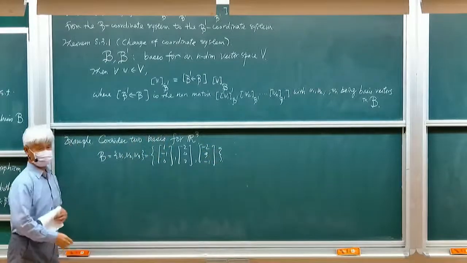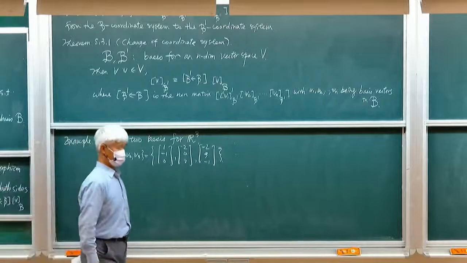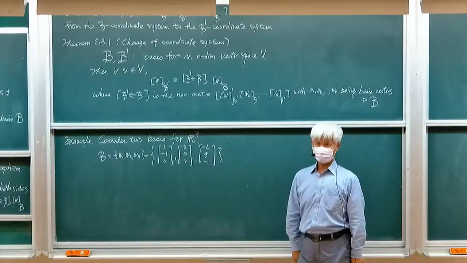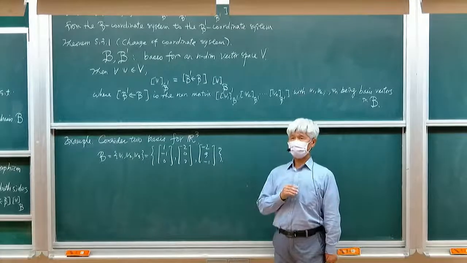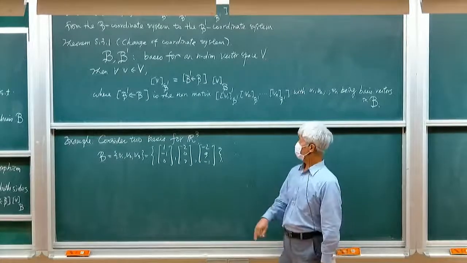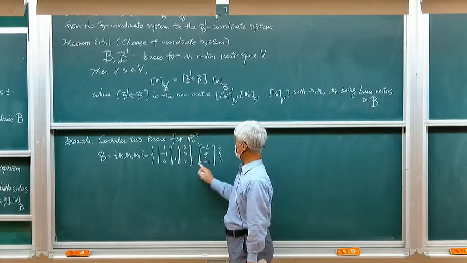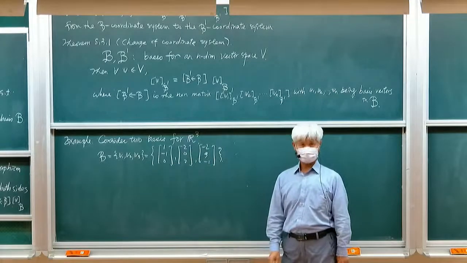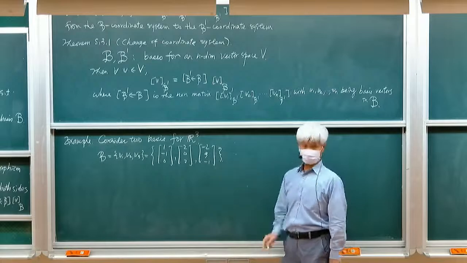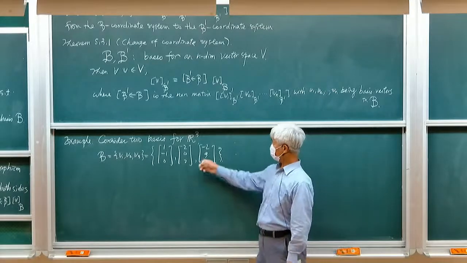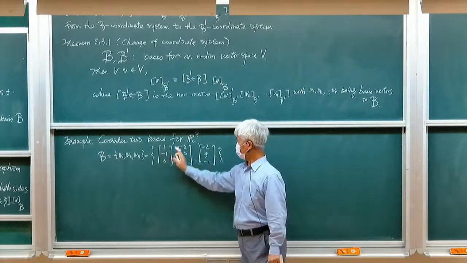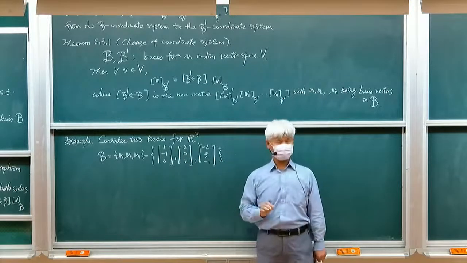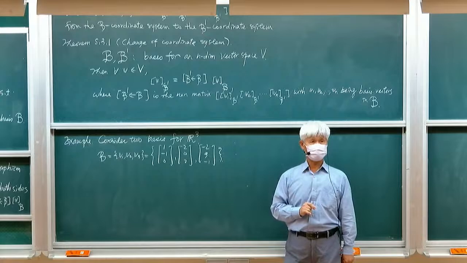This is the basis. Well, it's easy to check whether this is a basis, because by Theorem 5.2.1, these three columns form a basis for R3 if and only if the matrix formed from these three columns is invertible.